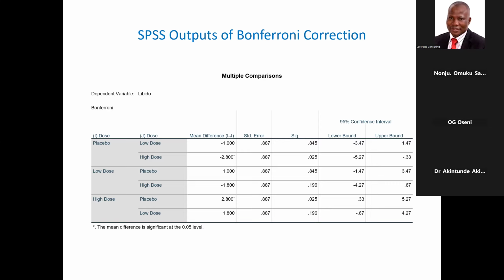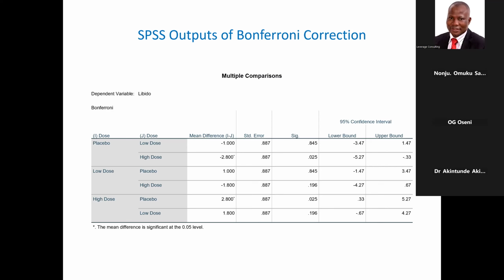So it's trying to remove the mean of each group. Look at it now. I minus J is trying to tell you placebo, low dose, placebo, high dose. If you look at the first one, placebo, low dose, you see the mean difference is -1. If you look at low dose, placebo, the mean difference is 1.